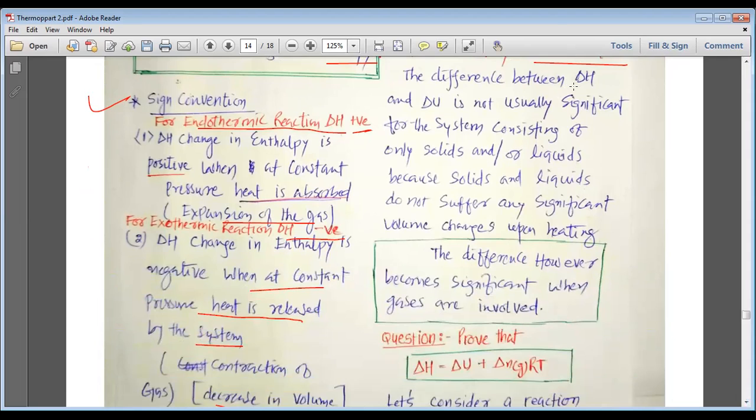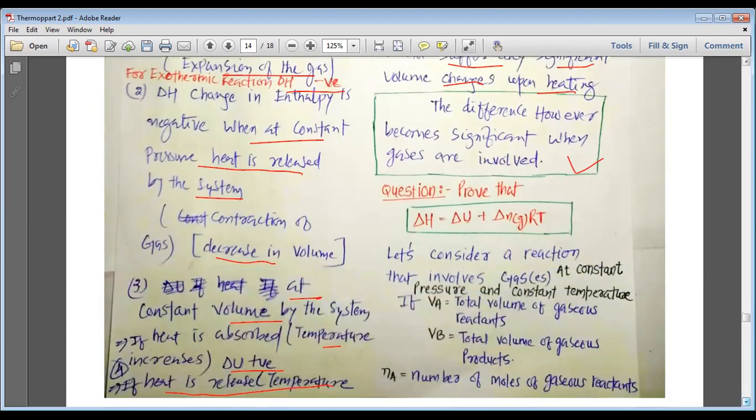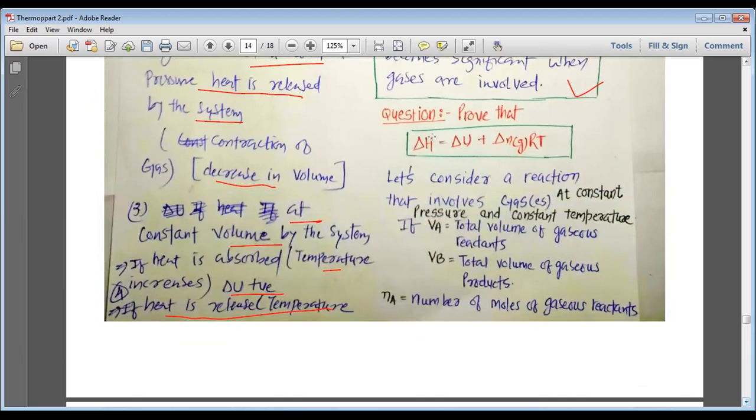The difference is not significant because solids and liquids do not suffer any significant volume change upon heating. The difference, however, becomes significant when gases are involved during the process. So the difference between delta H and delta U is significant only when gases are present in the system.